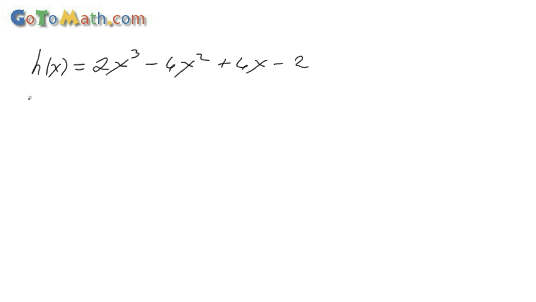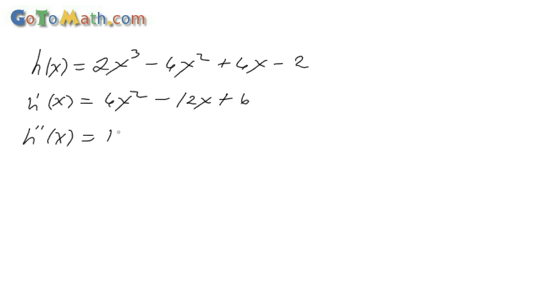So the first thing we're going to do is take the derivative. So we have 6x squared minus 12x plus 6, and then we have h double prime of x is equal to 12x minus 12.